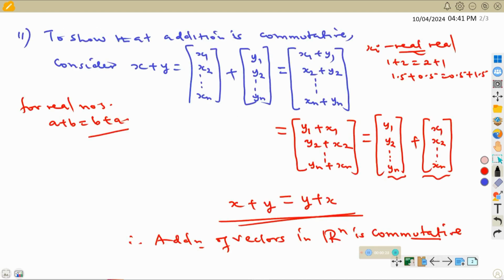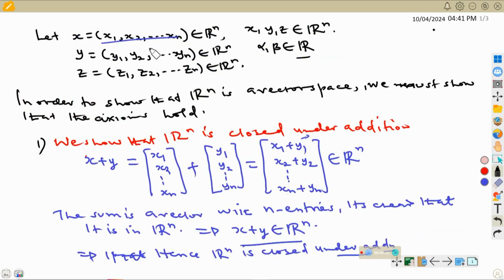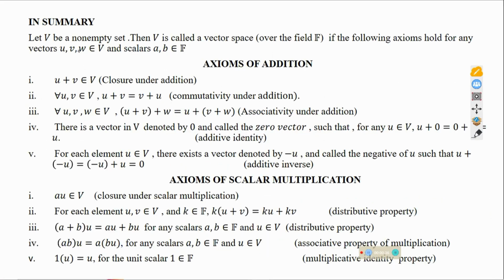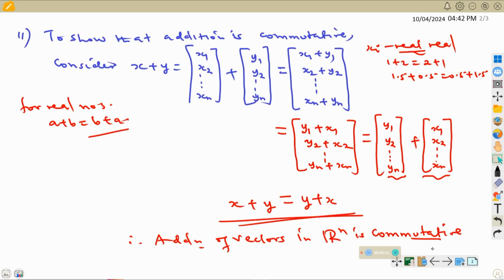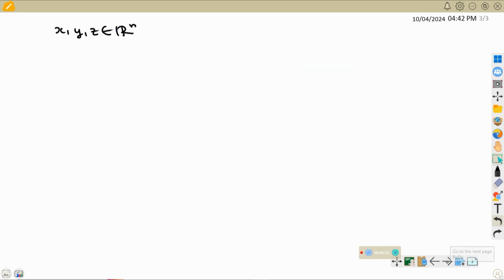We have already defined x, y, and z here. So I will use x, y, and z since we are interested in associativity. So we must have three vectors picked from R to the power n. So for that case, we shall consider x, y, and z.